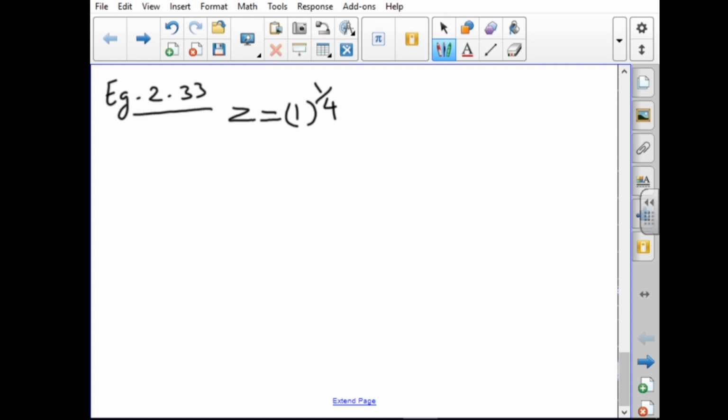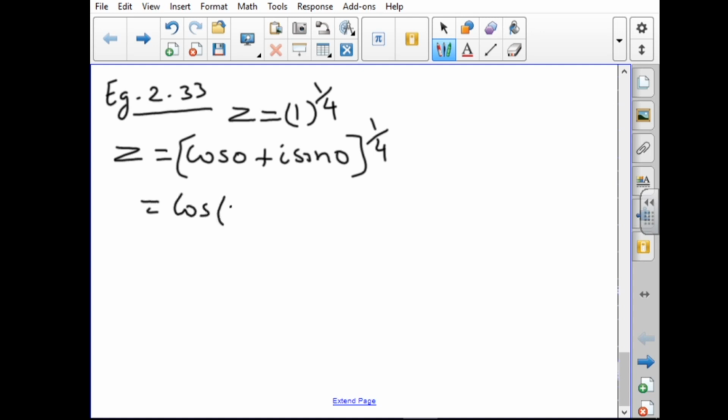So, now we have to follow the steps. What is the first step? We have to write it in polar form. So, polar form of 1 is cos 0 plus i sin 0, the whole power 1 by 4. Second step, add 2k pi to the argument.